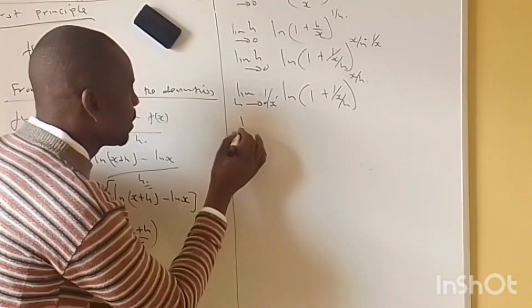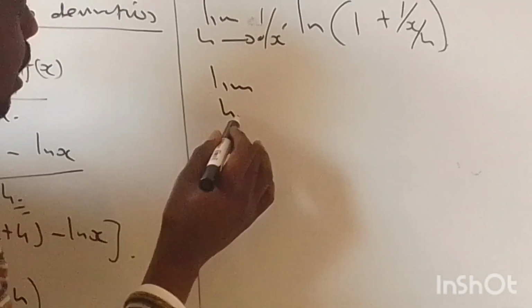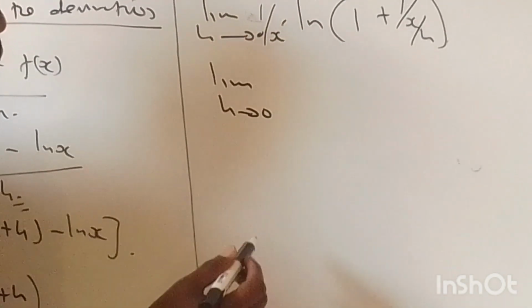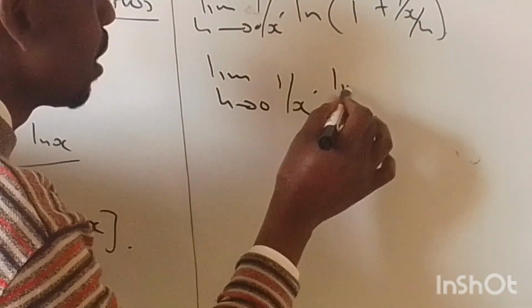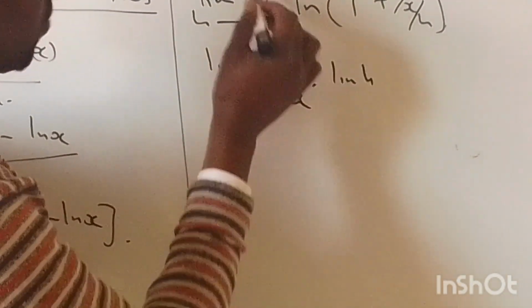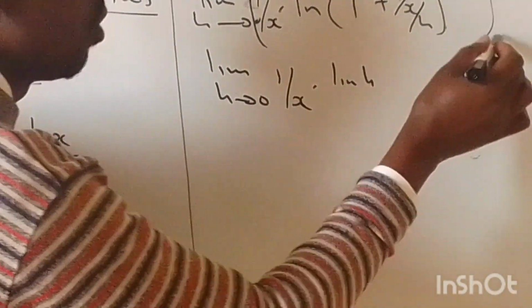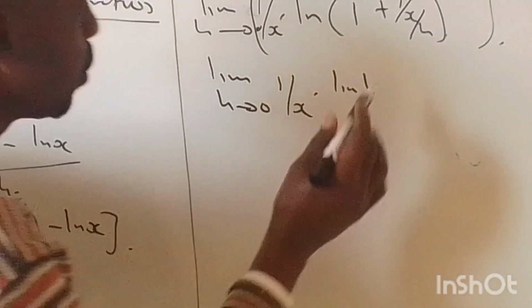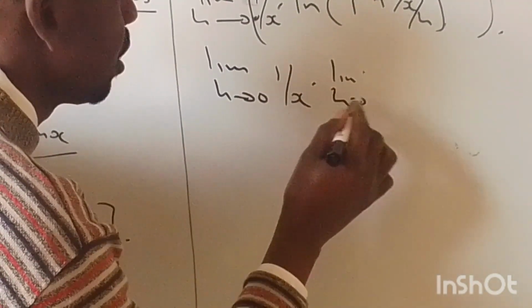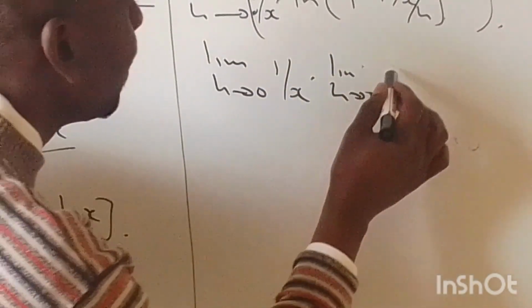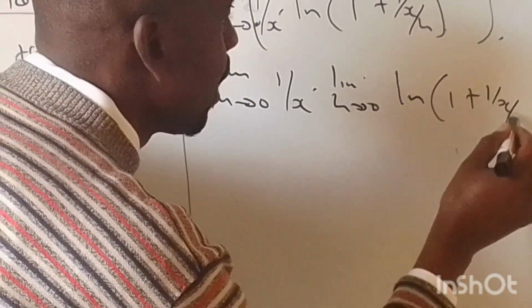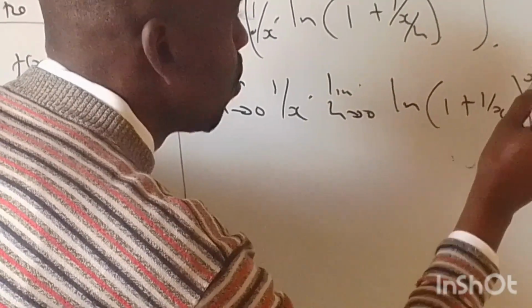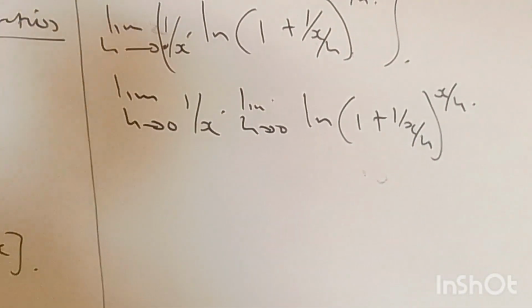So as the limit h is tending to 0, then we have 1 over x times the limit, as h approaches 0, of the natural log of 1 plus 1 over x over h raised to x over h.